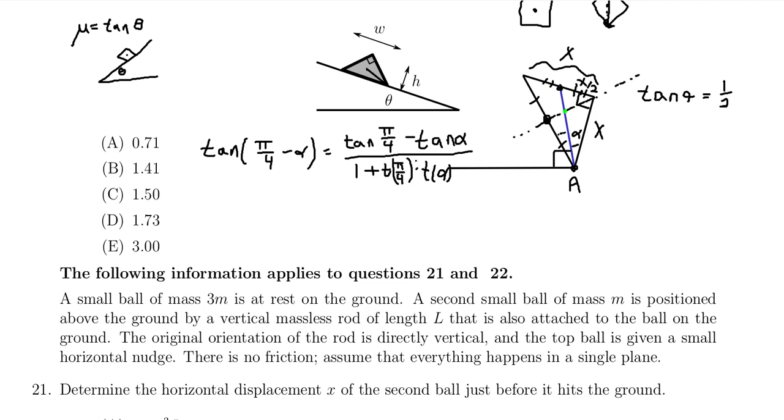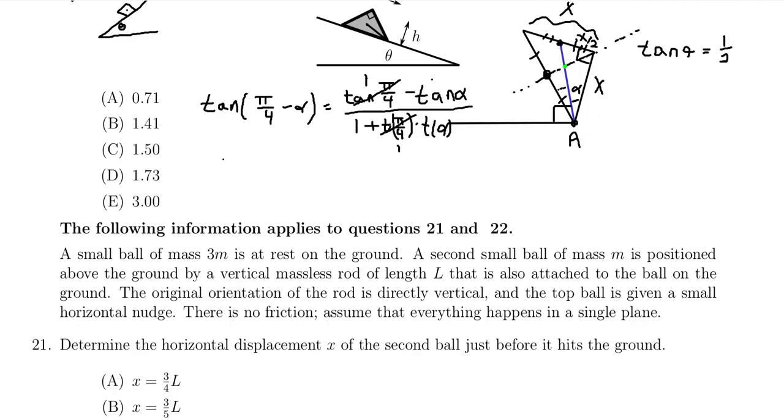Tangent of pi over 4 is 1, and tangent of alpha is 1/2. So 1 minus 1/2 is 1/2, and in the denominator we have 1 plus 1/2, which is 3/2. So the tangent of this angle is 1/3.